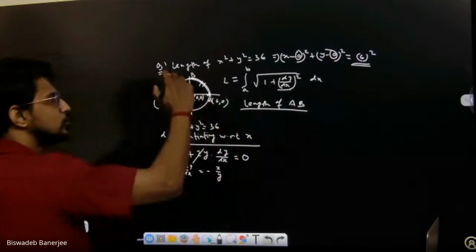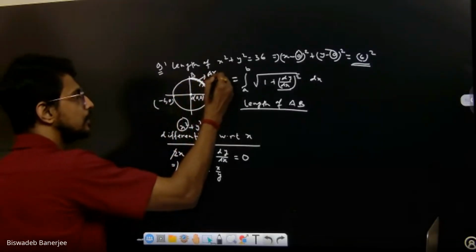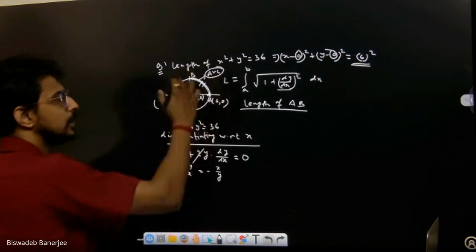This is called an arc. Length of the arc AB.